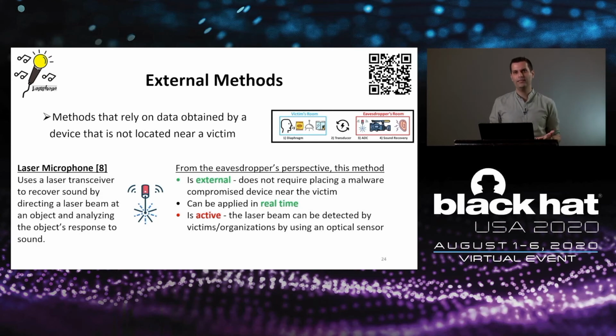However, this method's greatest disadvantage is the fact that it is active, or what I call an active method. The laser beam can be detected by victims or organizations by using a dedicated optical sensor that detects the laser beam being used, which implies that a laser microphone is being used to eavesdrop on sound.